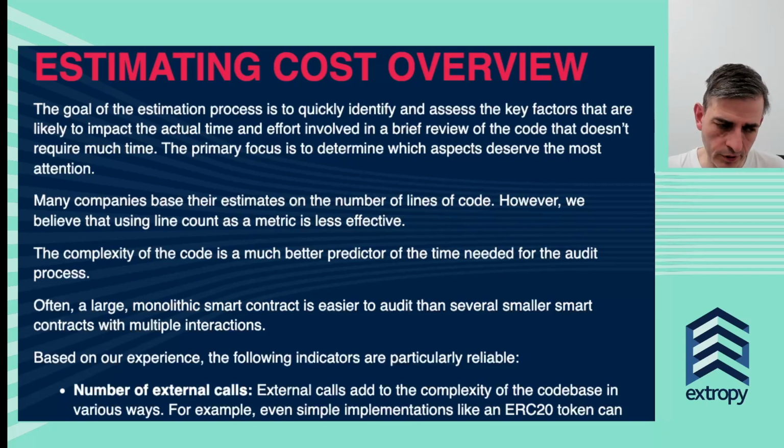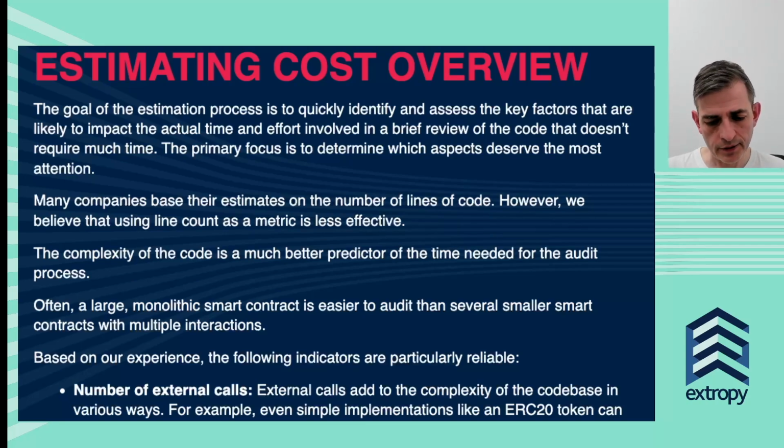It may be good for a general idea, but I don't think it's a good way to give a firm estimate of the cost of an audit, because it says nothing about the complexity of that code or the complexity of the process or the business logic. And more complex projects, and projects with multiple contracts where there's maybe a lot of interaction between the contracts, or maybe complex interaction, will take longer and will be more costly to audit.